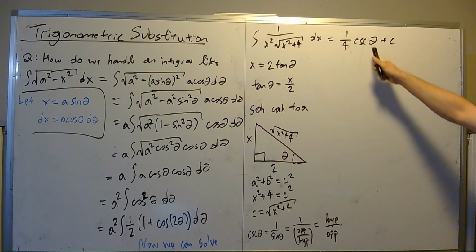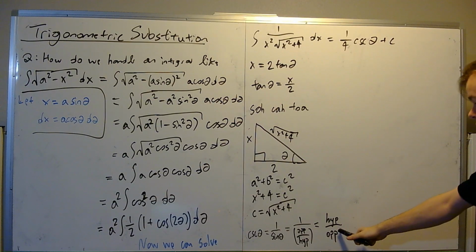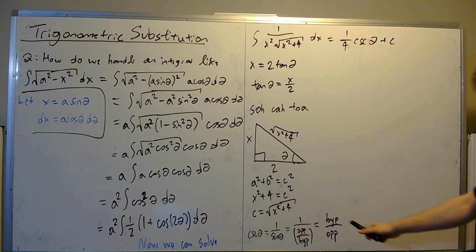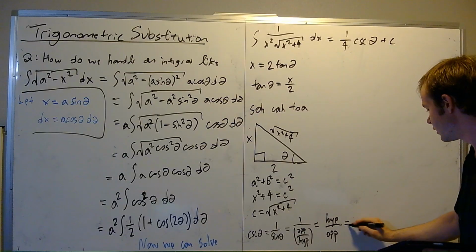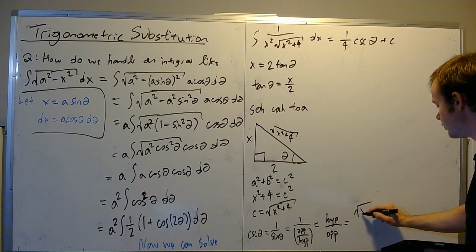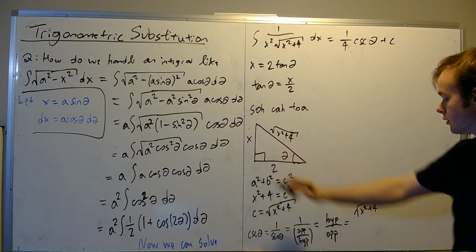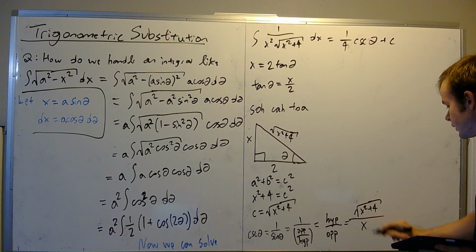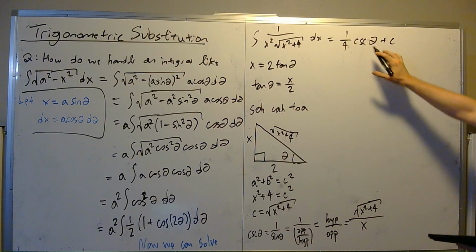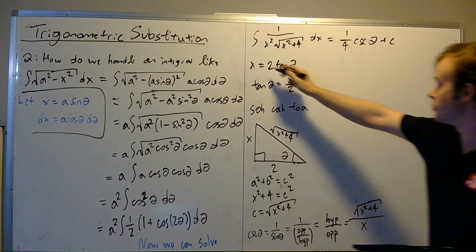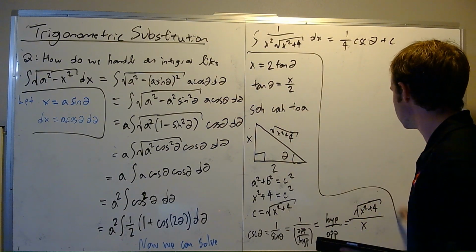Now, we can just substitute cosecant theta with whatever this ends up being. So the hypotenuse is square root of x squared plus 4, and the side opposite to theta was x. So now we can substitute that directly into what we have up here, right? This was just our scratch work.